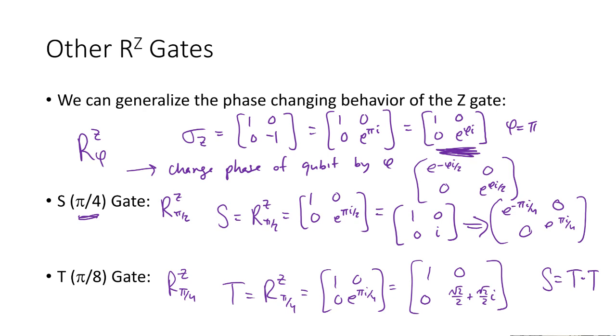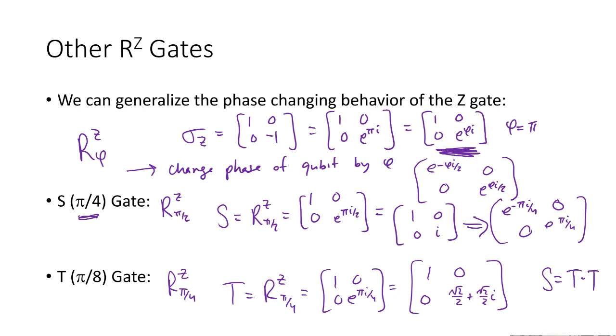Again, that factor, e to the pi over 4, doesn't have any observable effect on the quantum state or the result of applying the S gate. So sometimes you'll hear people call this another form of a phase gate, but pi over 4 is the more common terminology.